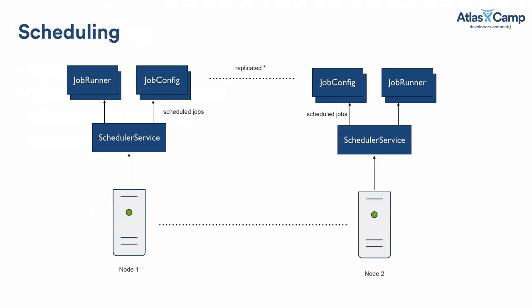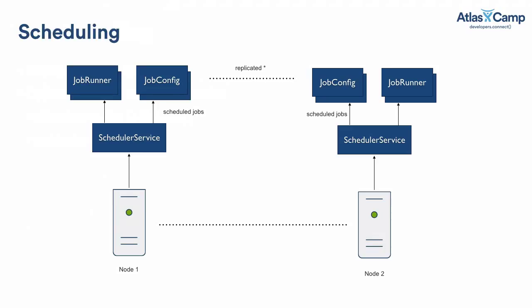Should it run on particular nodes, or should it just pick a node and run on one node only? In Atlassian Scheduler, the job runners are all local to the node, but the configuration is synchronized across the cluster. So when you schedule a job on one node, you're actually scheduling it for the cluster, conceptually.